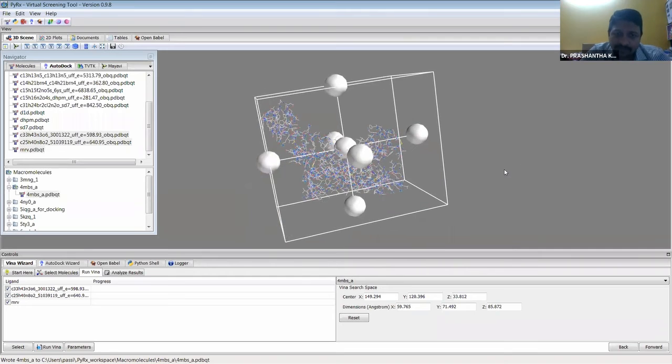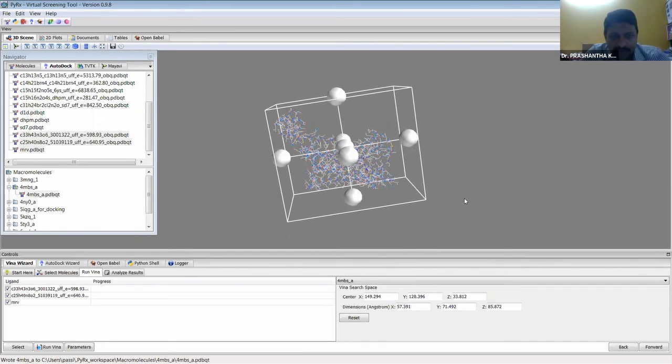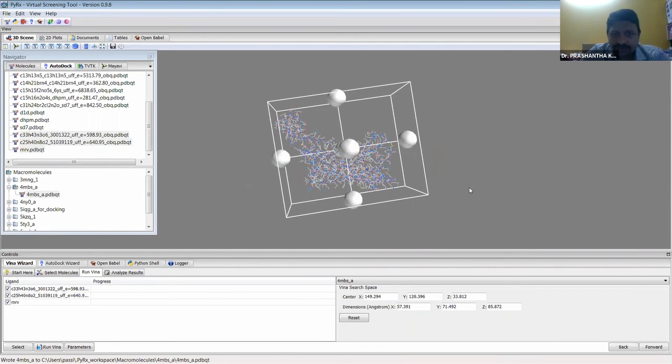Now this grid box acts like a pin code. What is the use of pin code in our letters? We are telling specifically where that letter or a post should go to, right?